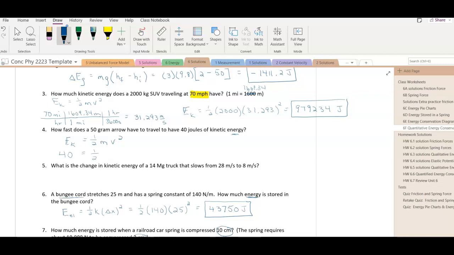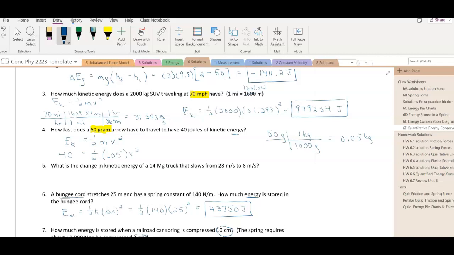Now be careful, 50 grams is not a standard unit. I need to convert to kilograms. So it takes 1,000 grams to equal 1 kilogram. And so that would be 0.05 kilograms. And I need to put in the mass in kilograms in this formula.